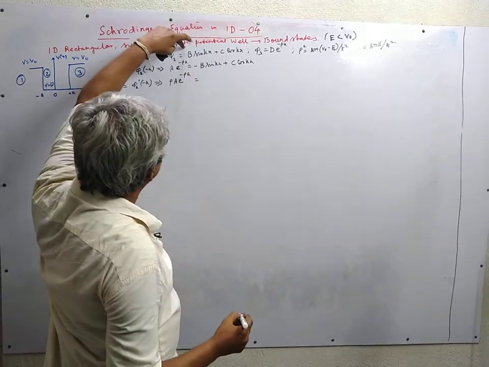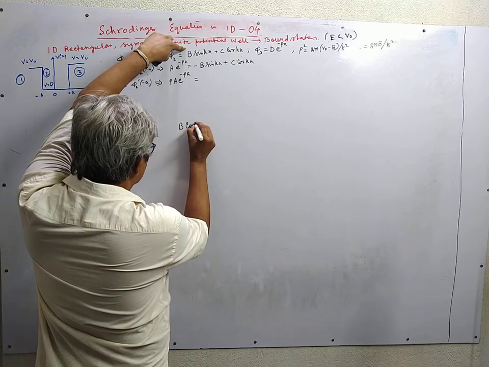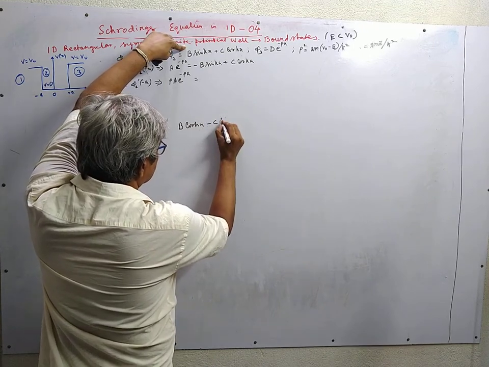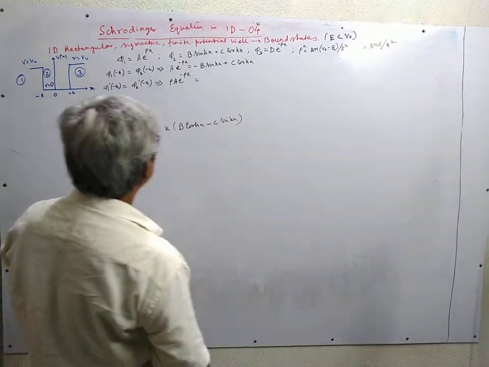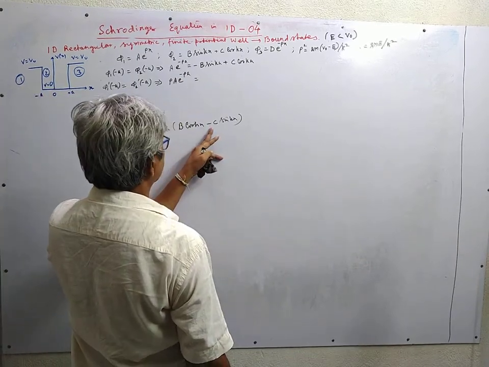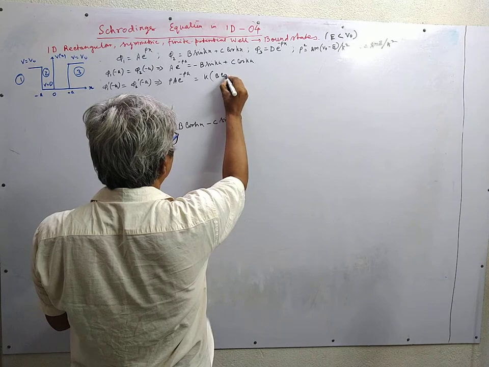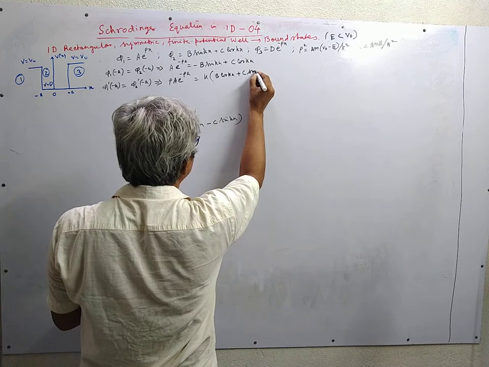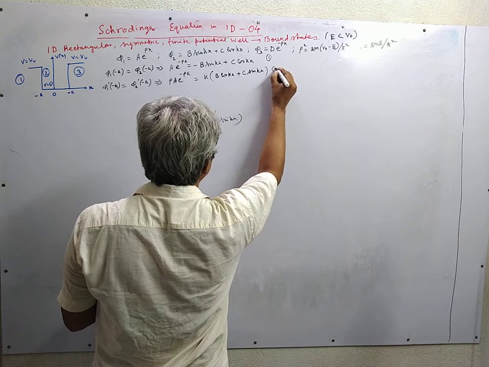When we differentiate this, this will be B cos kx, and this will be minus C sin kx times k. If we put now x equal to minus a, this becomes plus. So this is equation 1, this is equation 2.